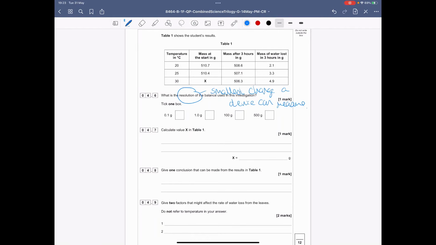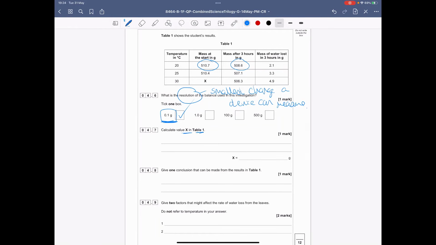So if we look at these options then, we can see that each of these go to 1 decimal place. So therefore we would look at which of these boxes goes to 1 decimal place, and it's just the first one, so it's 0.1 grams. So it's 510.7 or it's 510.8. The smallest change it can measure is 0.1.